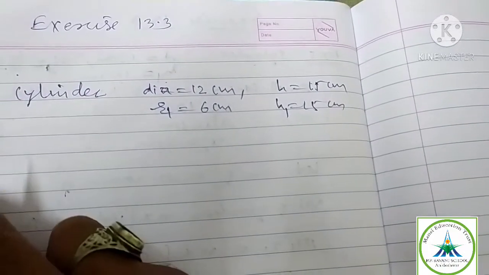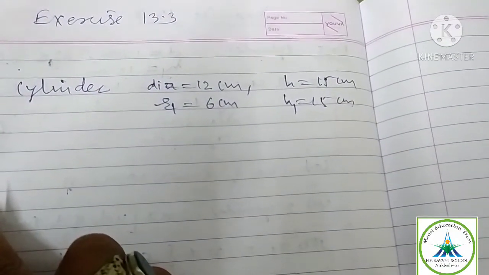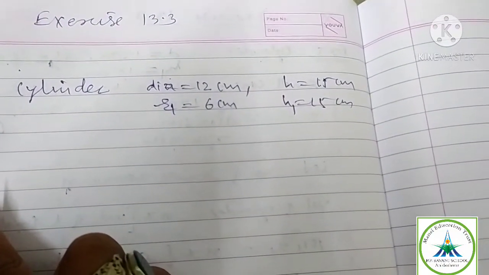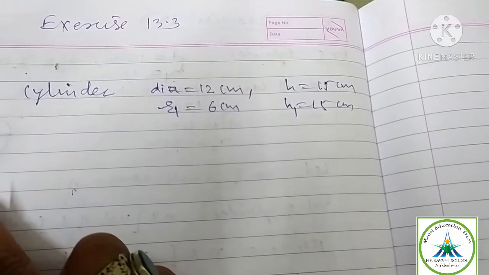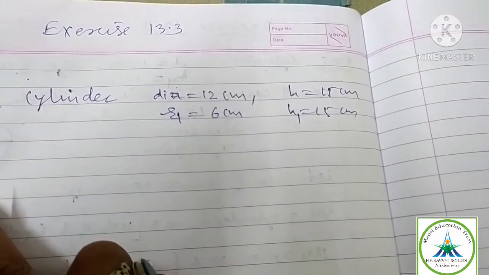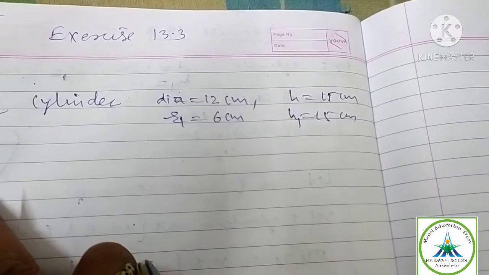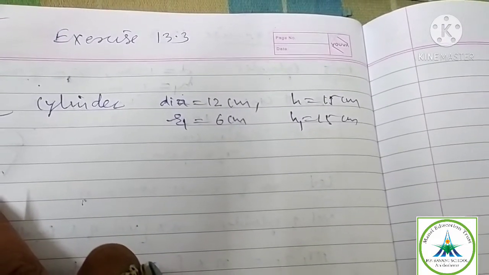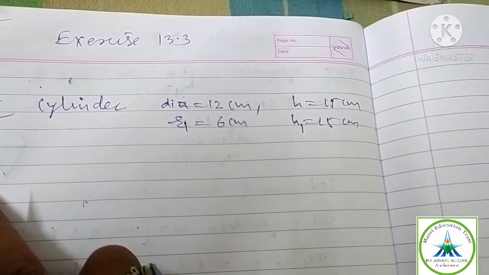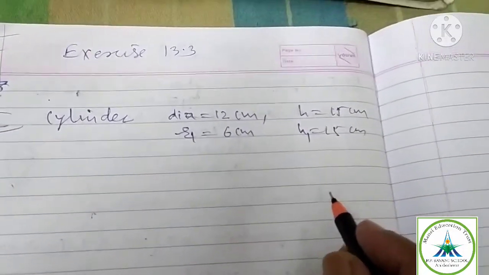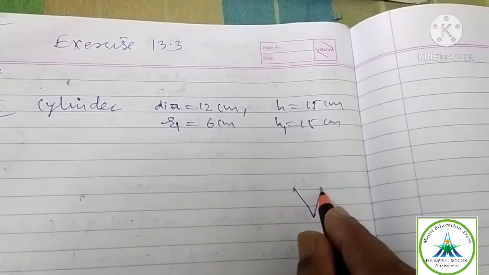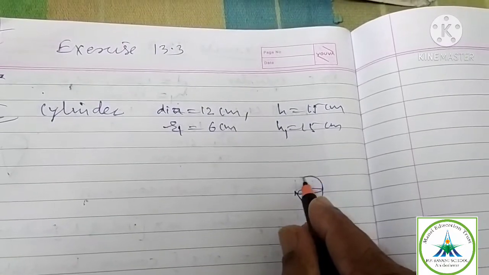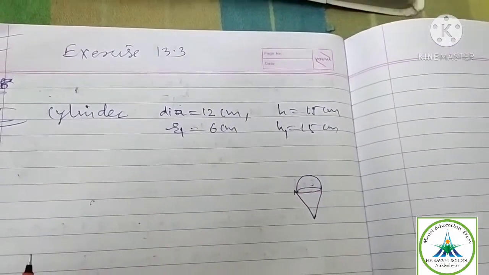Is full of ice cream. The ice cream is to be filled into cones of height 12 centimeter and diameter 6 centimeter, having hemispherical shape on the top. So ice cream in this cylinder is filled into small cones. The shape of that cone is like a cone with hemispherical top.